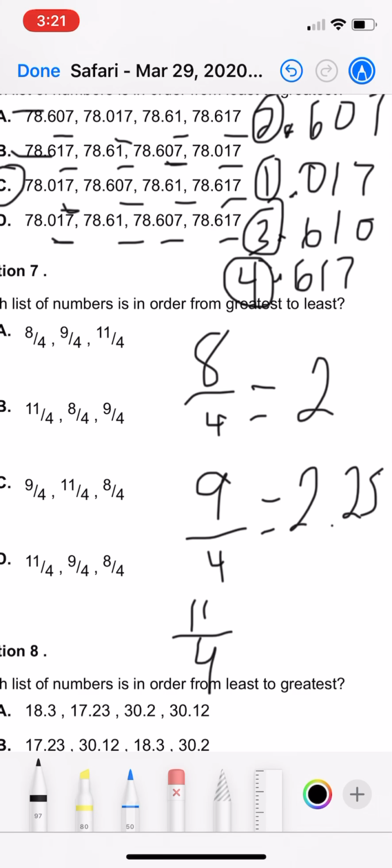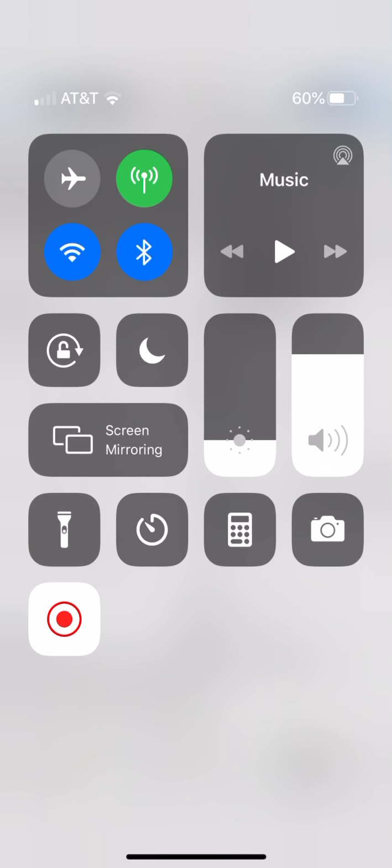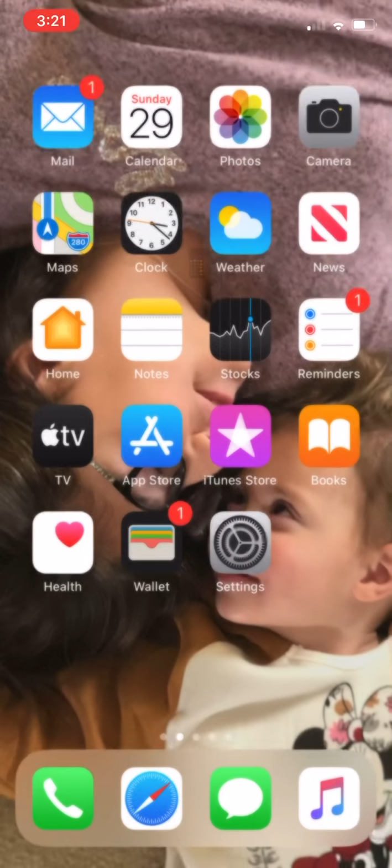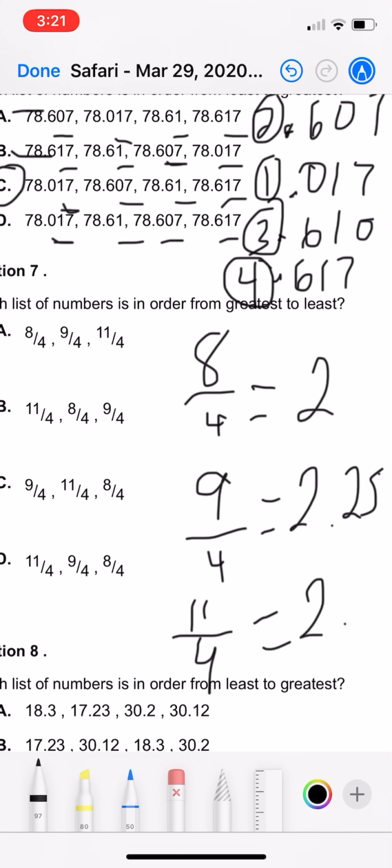So that's obviously bigger than 2, right? And 11 over 4 is 2.75.